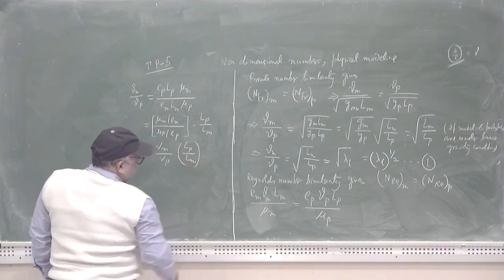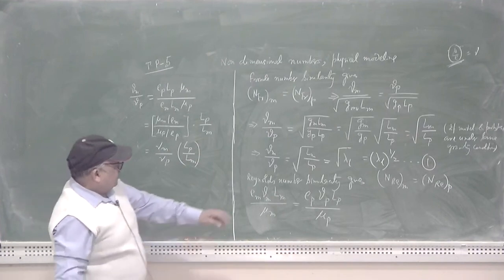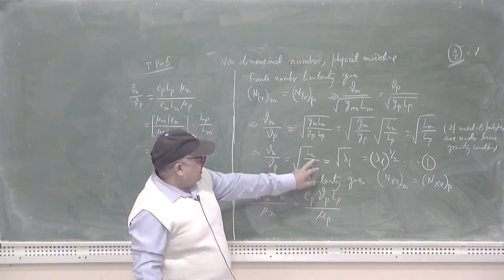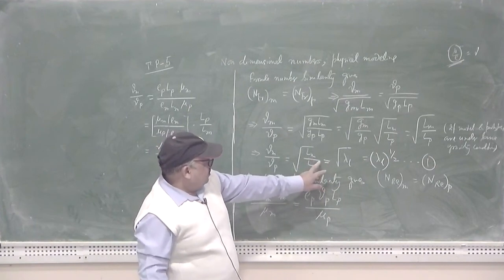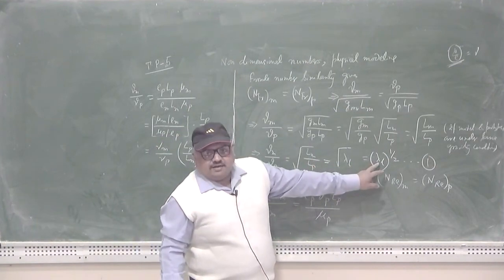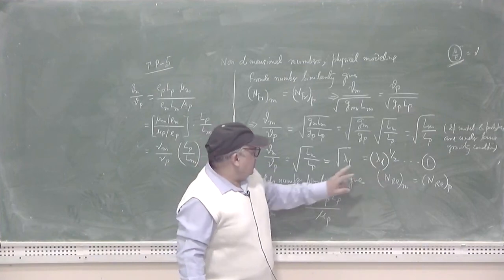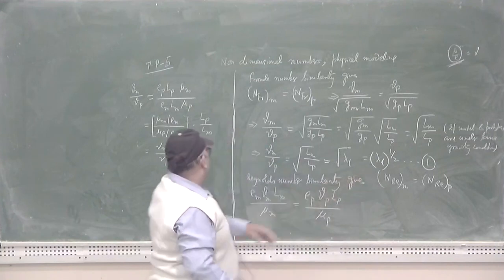Now, Lp by Lm is lambda L raised to the power minus 1.